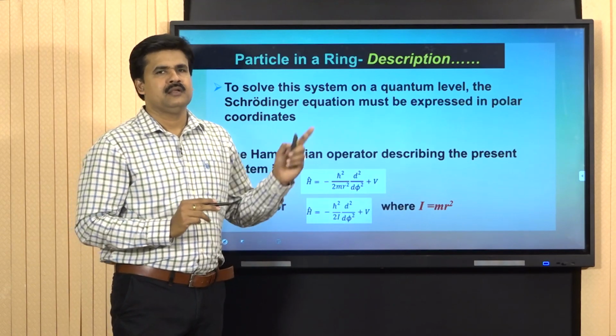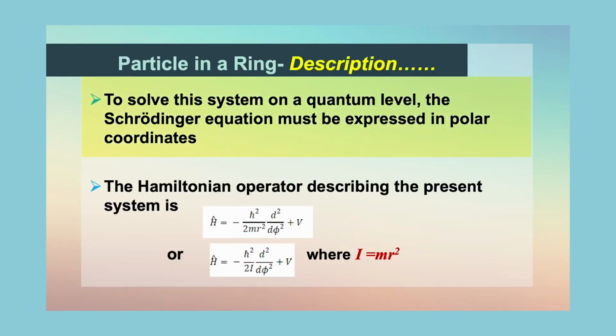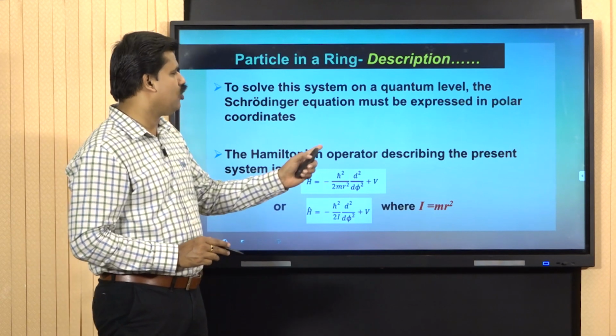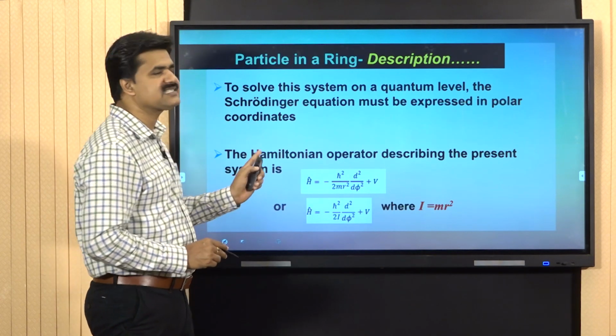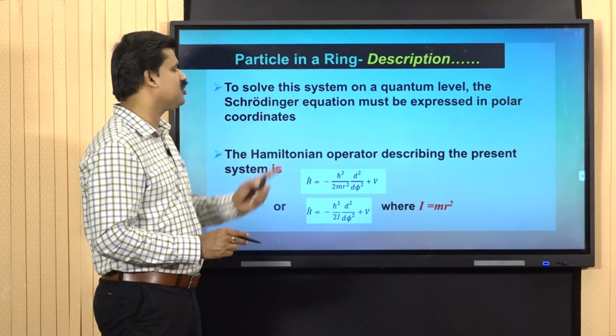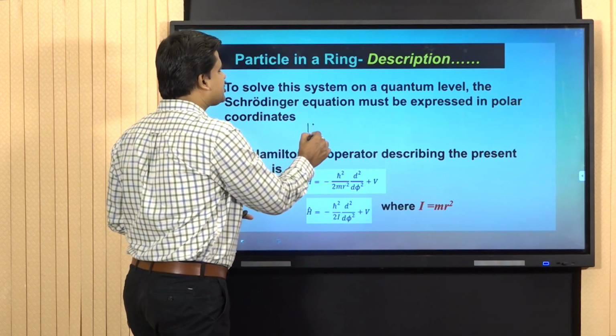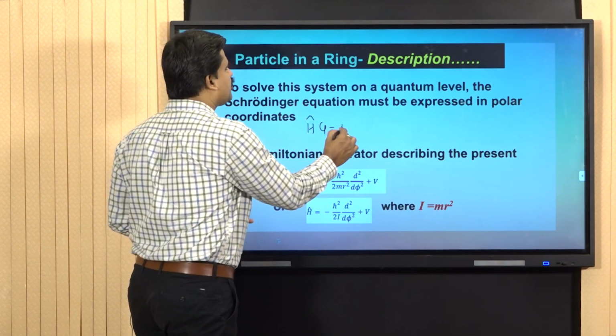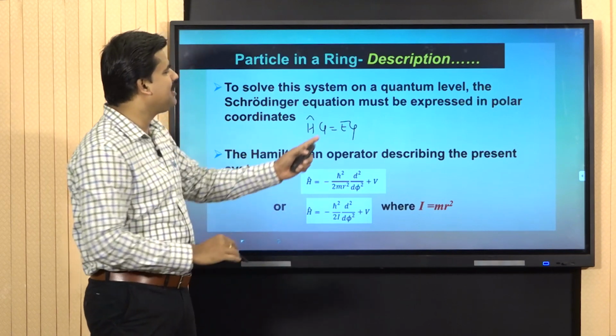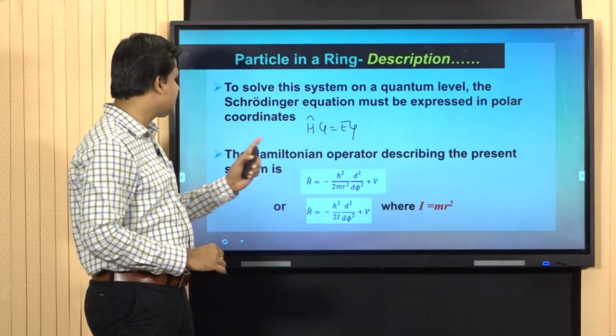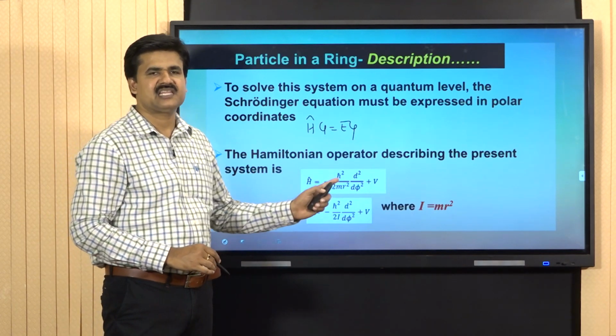Now, to solve this system on a quantum level, the Schrodinger equation must be expressed in polar coordinates. The Hamiltonian operator describing the present system. We know the Schrodinger wave equation is Hamiltonian psi equal to E psi, and the Hamiltonian operator describing the present system is like this.